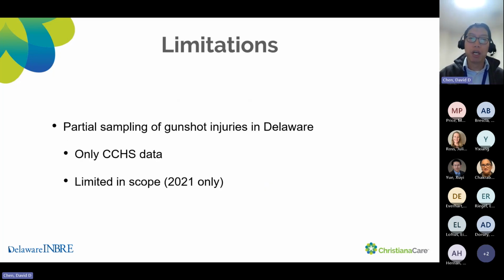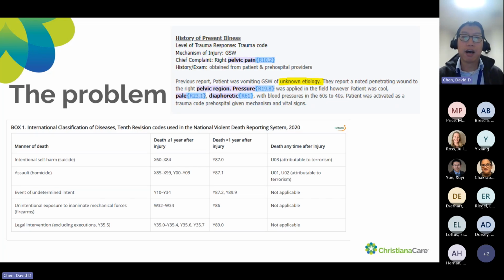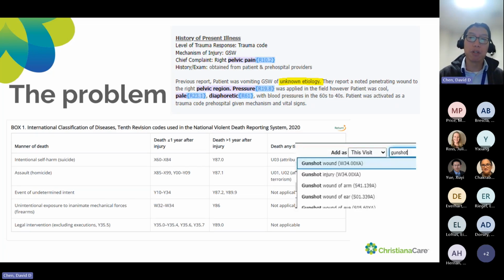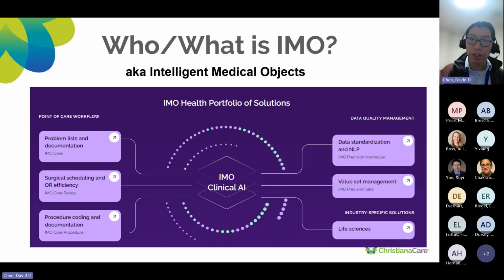And so as we dug further into this, recognizing our limitations, we realized that when we look at this coding and this ambiguity, part of the issue relates to how the backend process goes from taking a natural language description of the GSW, gunshot injury, and translating it.